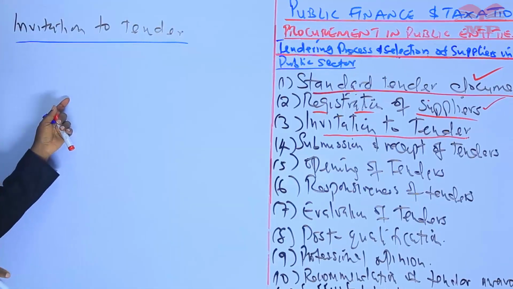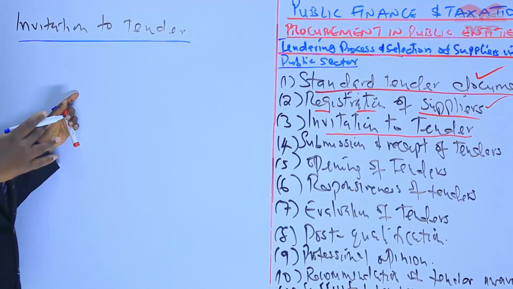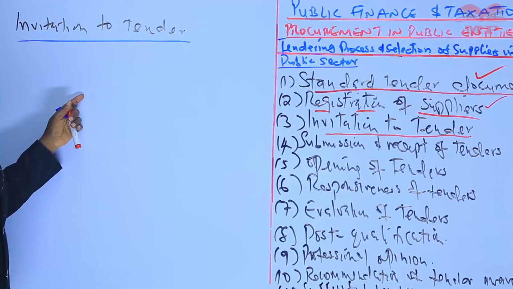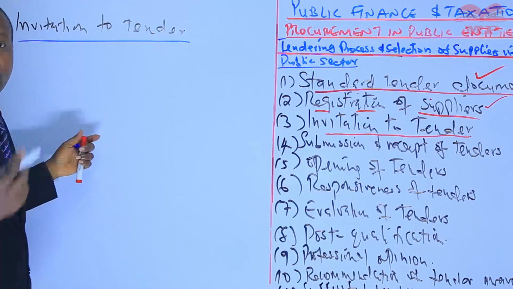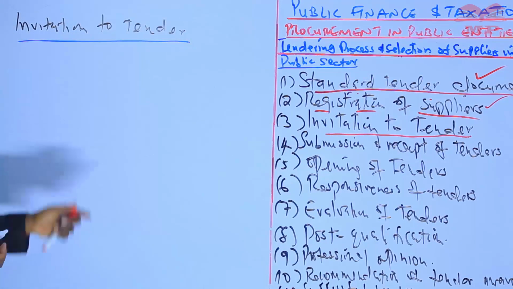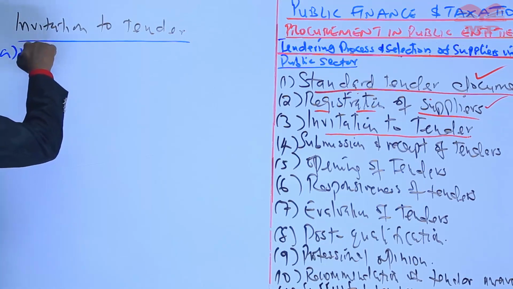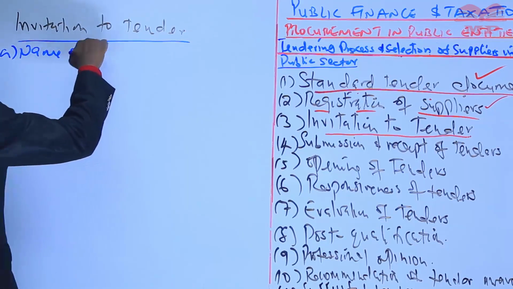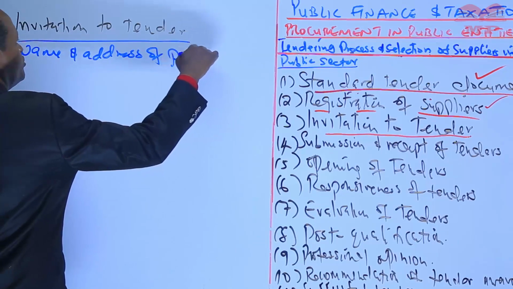Now, the accounting officer should ensure the preparation of an invitation to tender that sets out several things, like the name and address of the procuring entity.